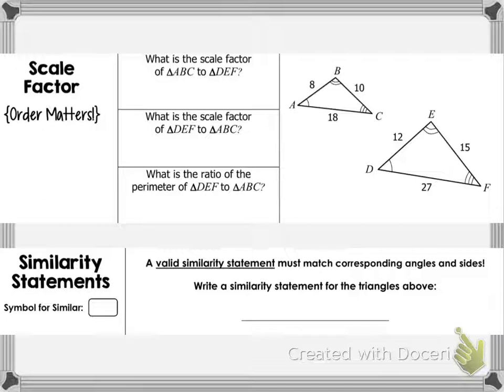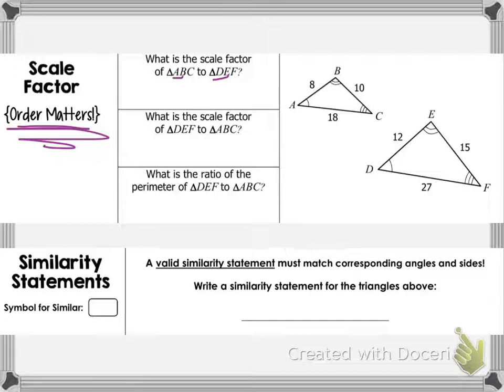So, now let's look at scale factor. And notice this little side note over here saying the order matters. That's going to come into account when we look at this example over here. So, what is the scale factor of triangle ABC to triangle DEF? Well, when they say order matters, notice that the first two letters right here are A and B, and the next letters over here are going to be D and E. So we use that to determine our scale factor.